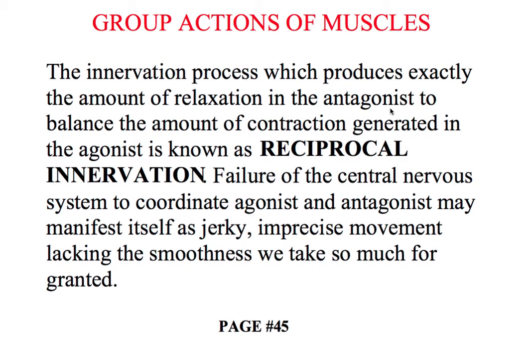If the muscles on opposite sides of a joint do not perform reciprocal innervation smoothly, you're going to get very herky-jerky motions during contraction and relaxation. So those two muscles coordinating, allowing one to contract while the other relaxes, is called reciprocal innervation.